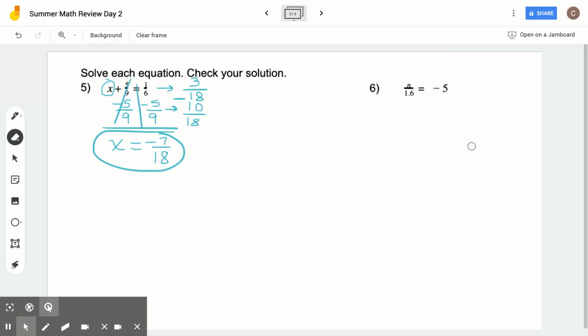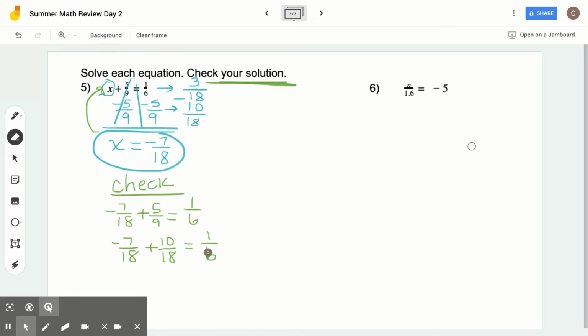Now, it also asks us to check our solution. In order to check, what we need to do is plug our solution back into the equation where the variable is. So we need to see if negative 7/18 plus 5/9 is actually equivalent to 1/6. Again, in order to add, we first need a common denominator, which will be 18.